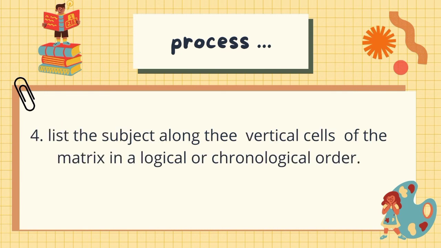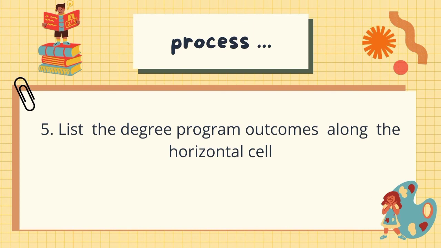Fourth, list the subjects along the vertical cells of the matrix in a logical or chronological order. Fifth, list the degree program outcomes along the horizontal cells. Use codes such as PO1 or PO2 if outcomes are too long to fit in the cell. PO means program outcomes.